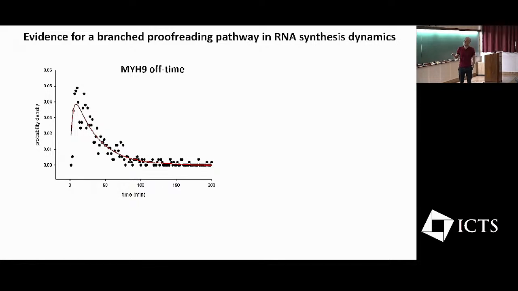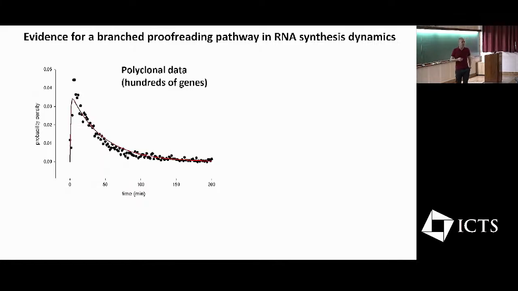So like many genes, the most likely off period is around, let's say, 30 minutes. We've always known that there was this peak in the distribution, but let's be honest, it's pretty noisy. You wouldn't really want to do much with this curve. This is the fit, but there's also the most noise at these short times.